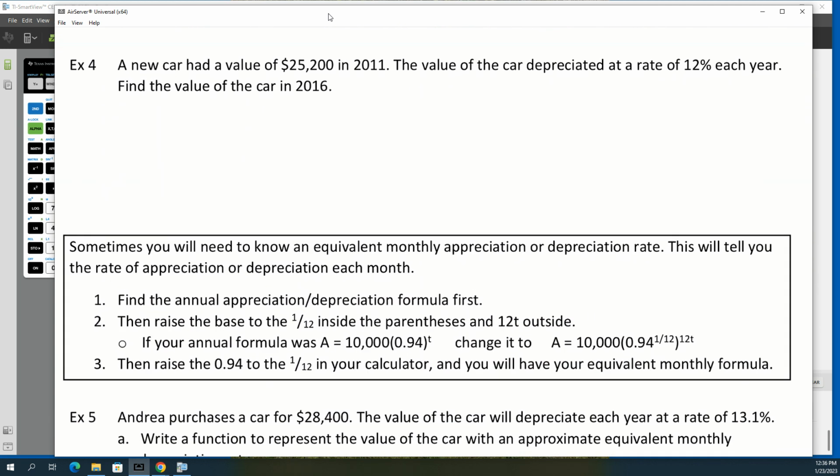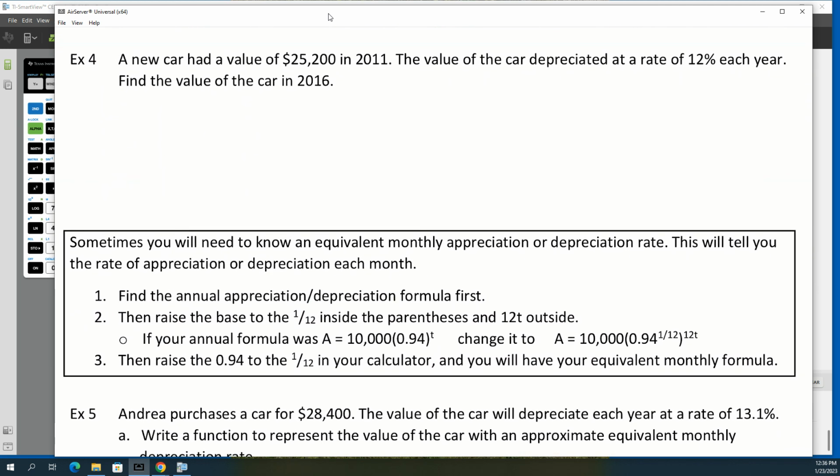All right, so on example 4, we have a new car that is valued at $25,200 in 2011. The car depreciates at a rate of 12% each year. Now we're going to find the value of the car this year, so let's find the value of the car in 2023.